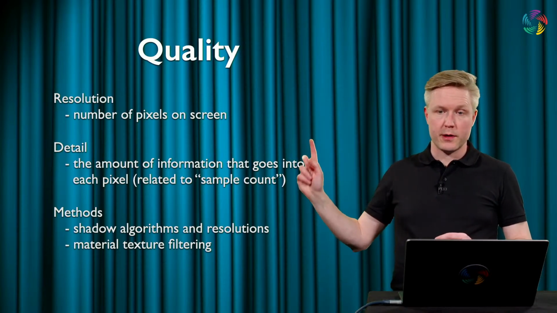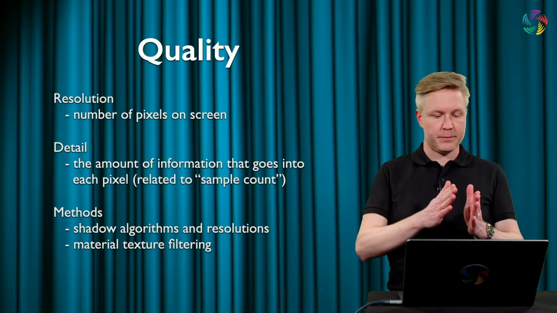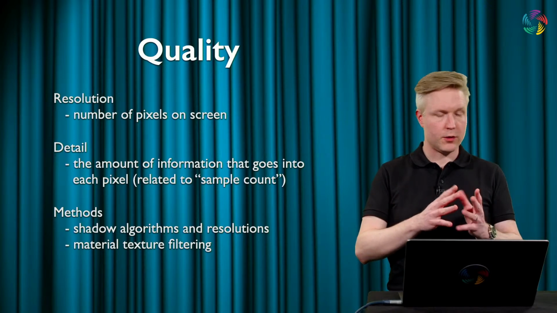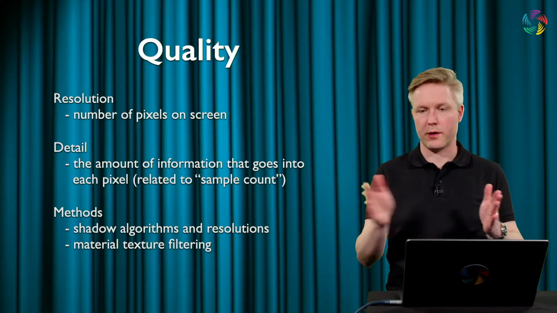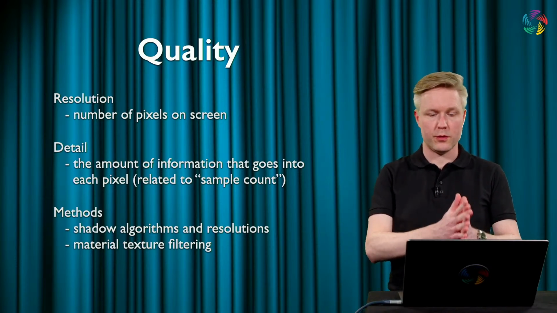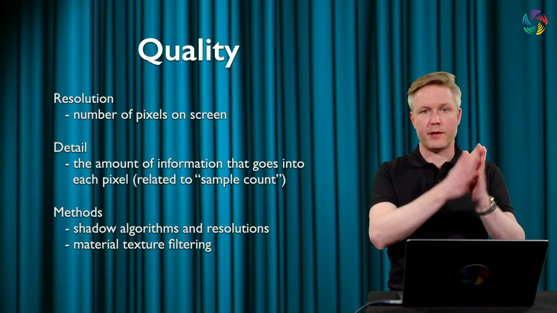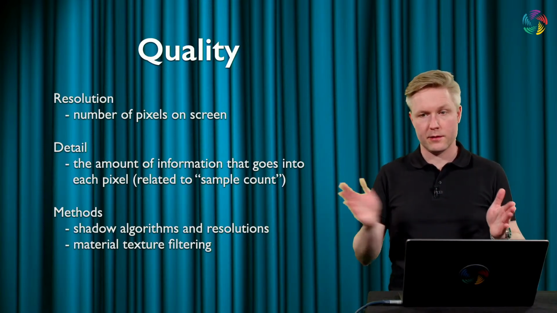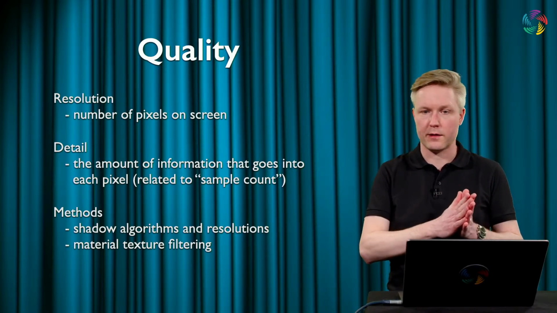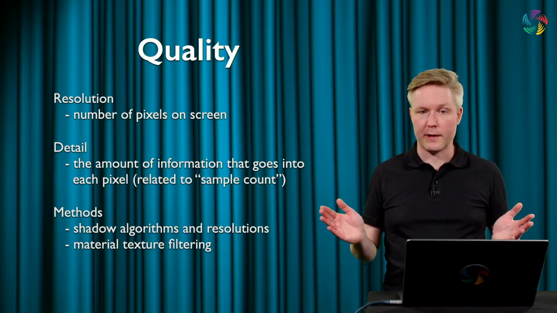Now, resolution and detail are generally not black and white. They're not on and off. They have steps, or they are stepless, in fact. So you could go from 720p to 725p up to 1080p and have a slider for that, also for the detail.